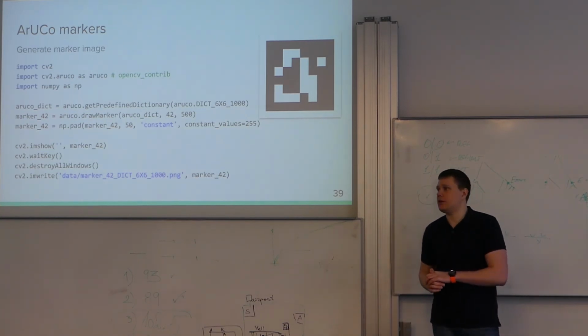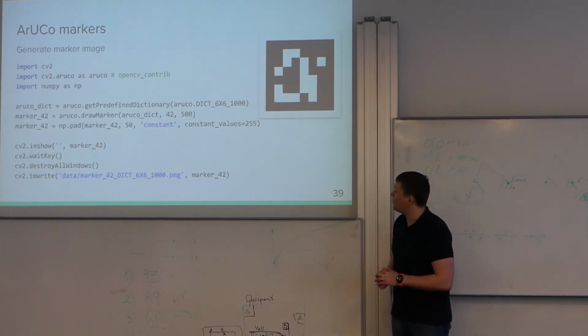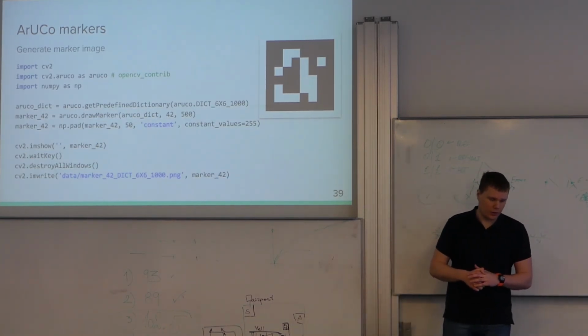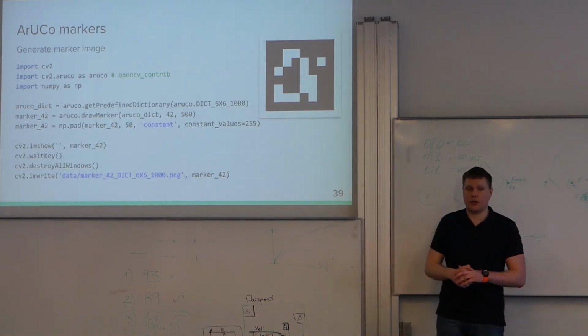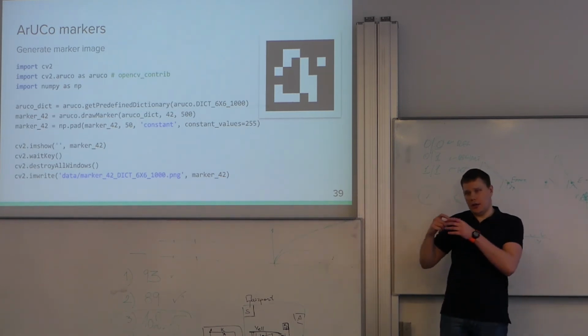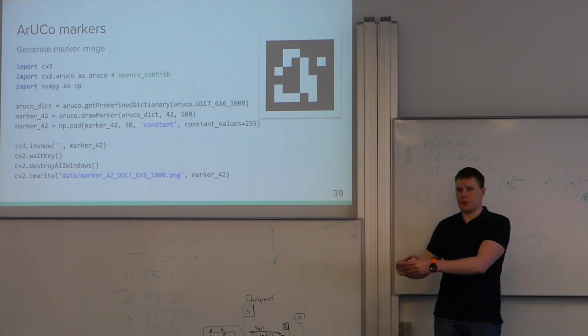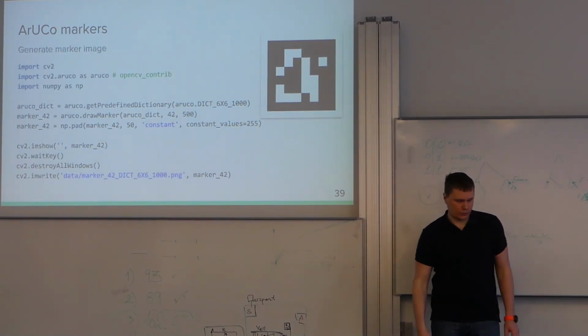There are these special markers called ArUco markers. These are objects with a strange pattern, and they are easy to detect, and their 3D placement in the world, in front of the camera, can be restored.